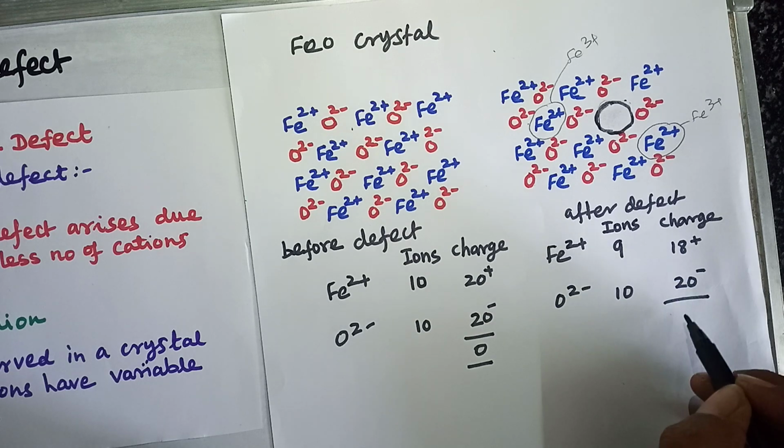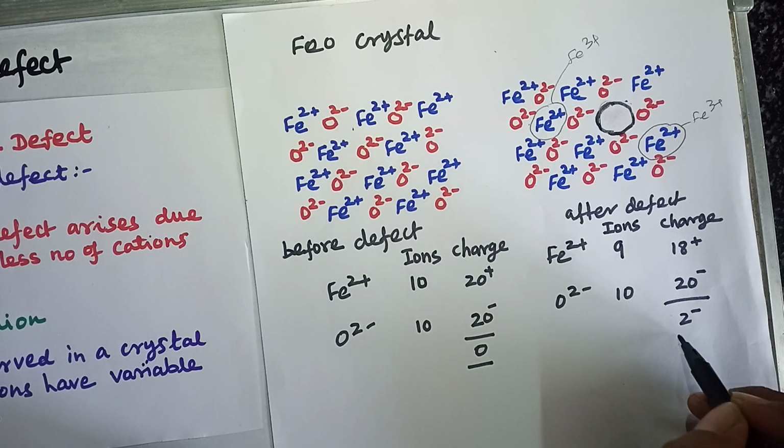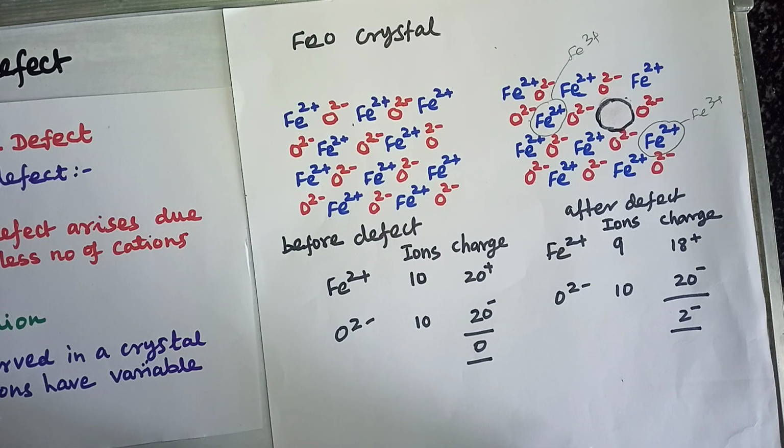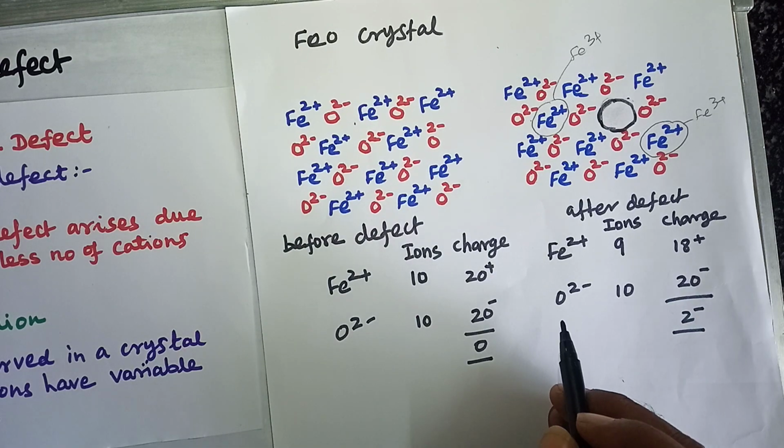Here a net charge of 2 minus is extra after the defect.